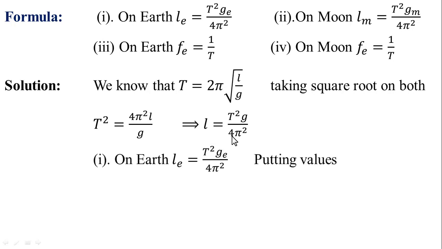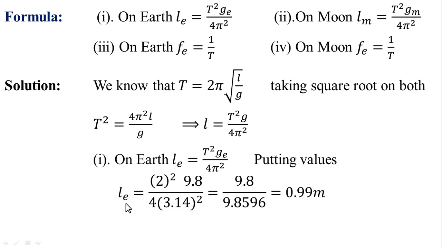Now for the first part, on Earth, L_E is equal to T square g_E over 4 pi square. Putting the values, we have L_E is equal to time period 2 square multiplied by 9.8, the value of g on Earth, divided by 4 into pi value 3.14 whole square.